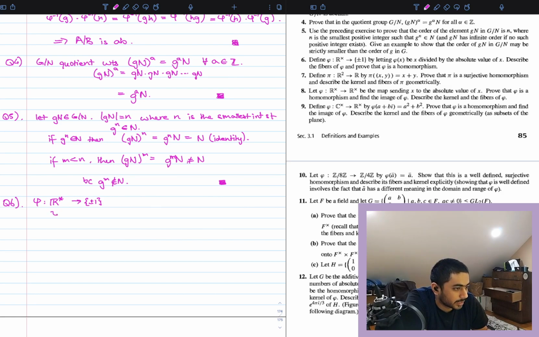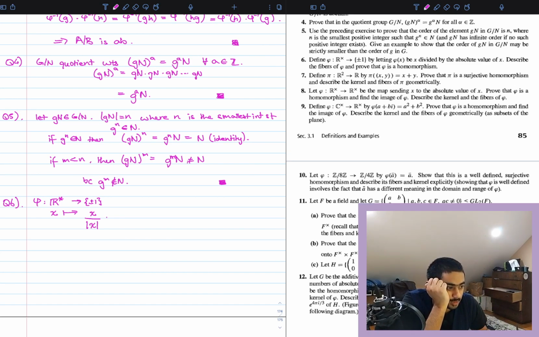It sends the element x to x divided by the absolute value of x. For example, 5 gets sent to 1, -7 gets sent to -1. So it just picks out the sign, really. Describe the fibers and prove that this is a homomorphism.